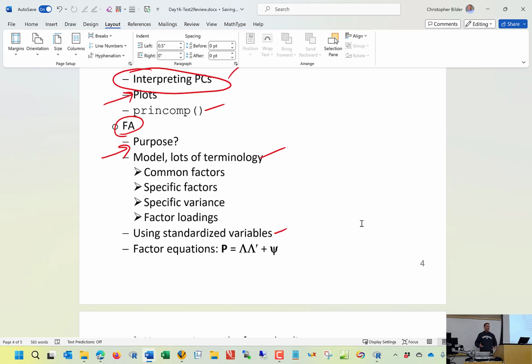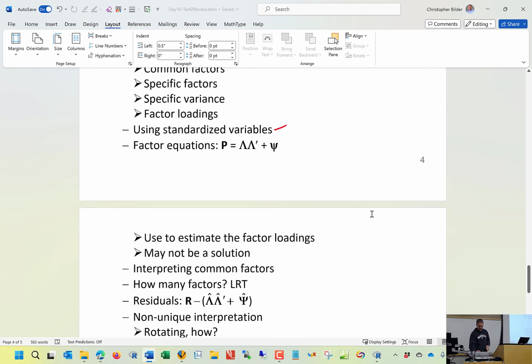Why do we typically use standardized variables with these factor analysis models? We have these factor analysis equations that we use. This plays a very important role here because it helps us see, for example, how there are times where we cannot actually use a factor analysis model because maybe we have too many common factors, or we have multiple solutions possible.